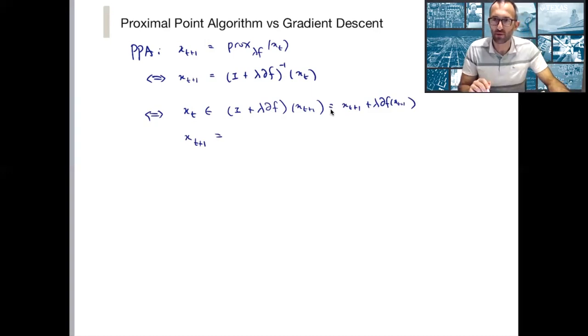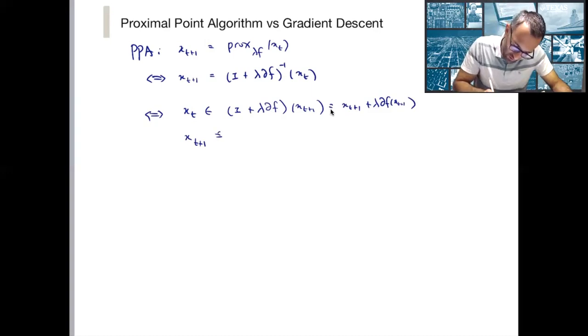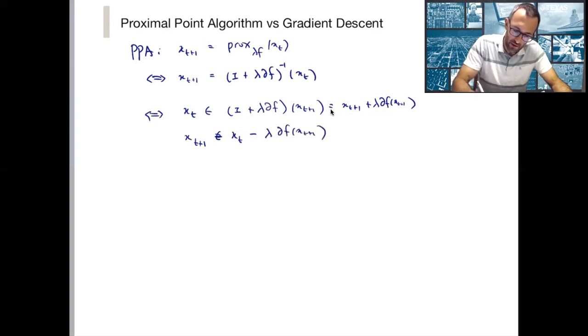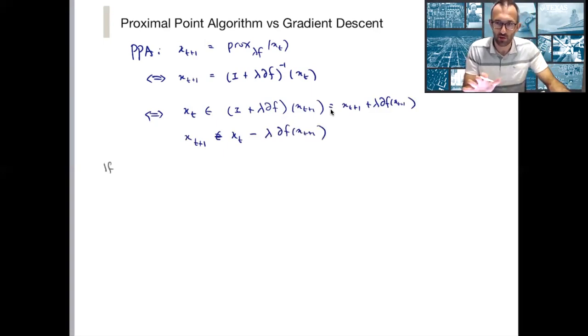x_{t+1} is an element of x_t minus λ times the subdifferential of f at x_{t+1}. Let's rewrite this.